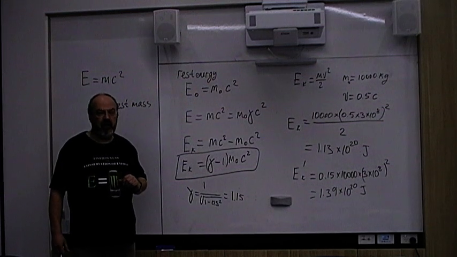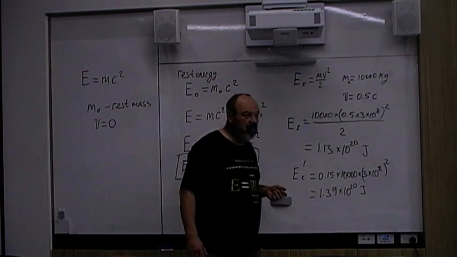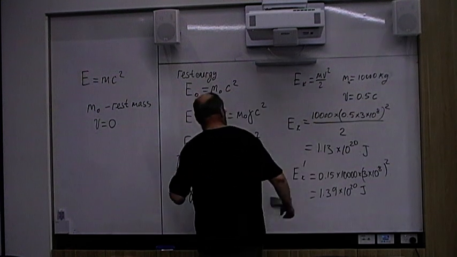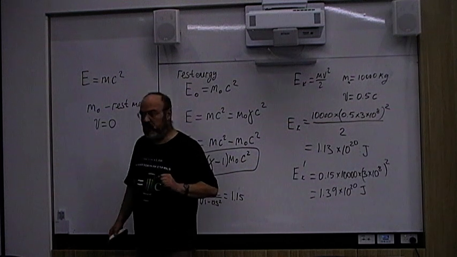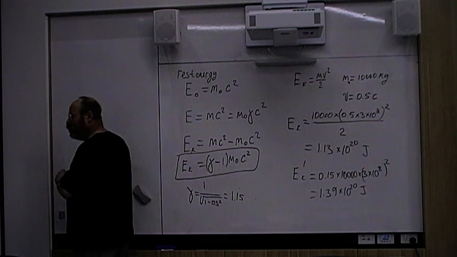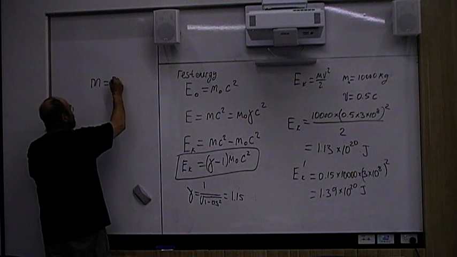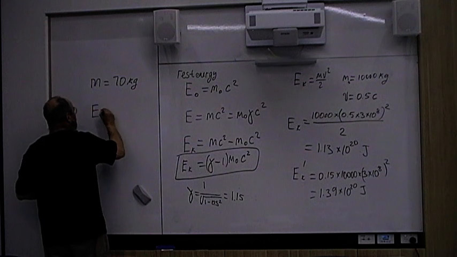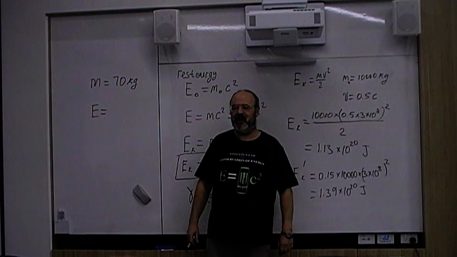Now, as energy is related to mass, that means mass can be turned into energy. Let's do the next calculation. If we were able to completely turn mass into energy, let's take some useless student with a mass of 70 kilograms and calculate how much energy we would get if we completely turned that student into energy.